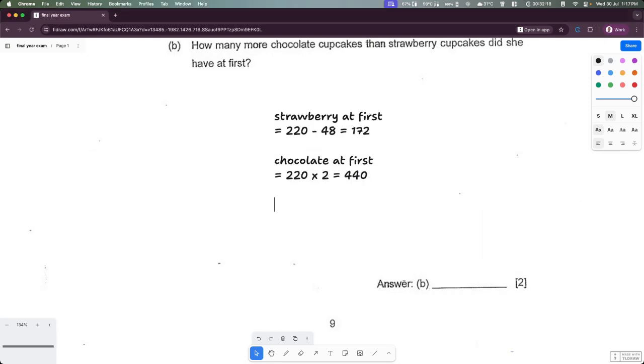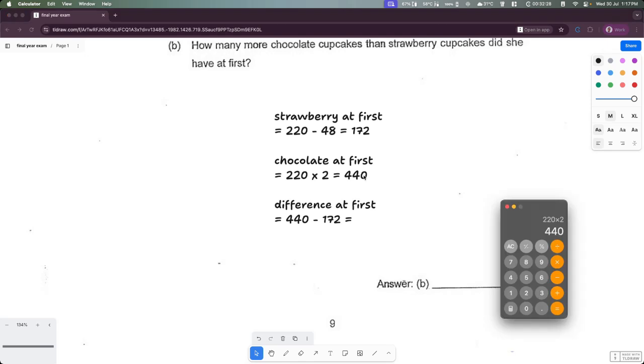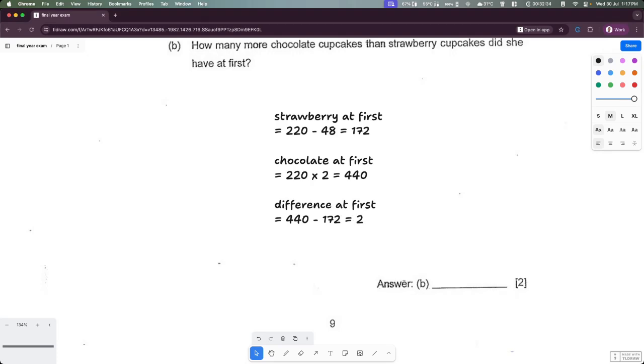So the difference at first will be 440 minus 172, and this will give us 268. And that's the answer to this question.